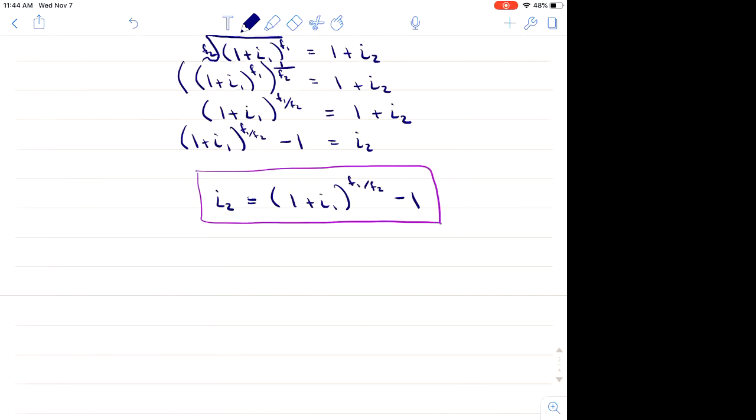So we use this when we want to go from compounding at a frequency of F1 to compounding at a frequency of F2. Okay.